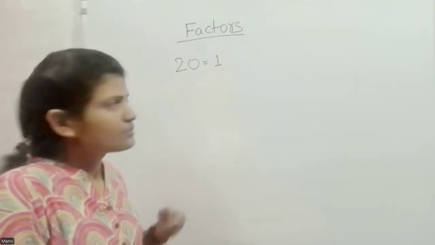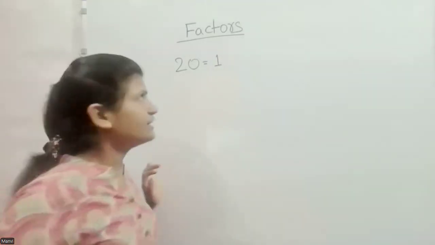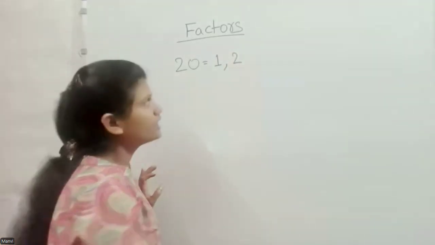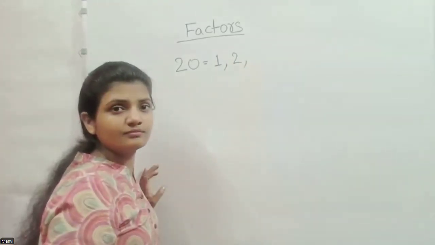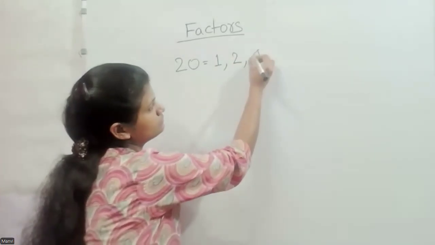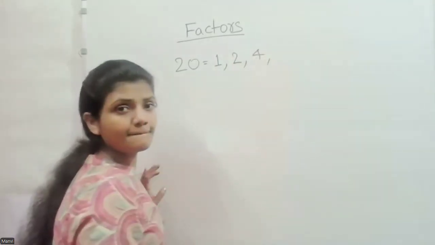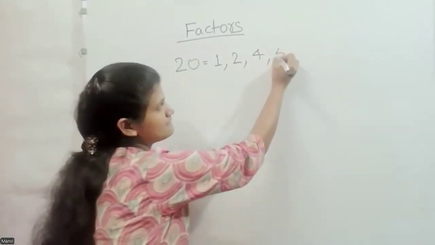So what are the factors of 20? First we write 1, because 1 is a factor of every number. Then is 2 a factor of 20 or not? Yes. 3? No. 4? Yes. 5? Yes. 6?